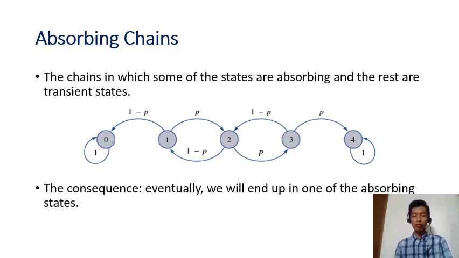When you have earned $4, you may not play the game again. If you have lost all your money, you cannot play again either. That's why we model those situations as absorbing states. So the probability from 4 to 4 again is 1, and from 0 to 0 again is 1. And it is guaranteed that if we keep playing this game, we will end up in either $4 or $0.